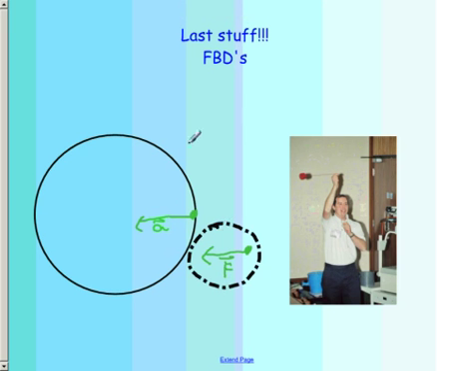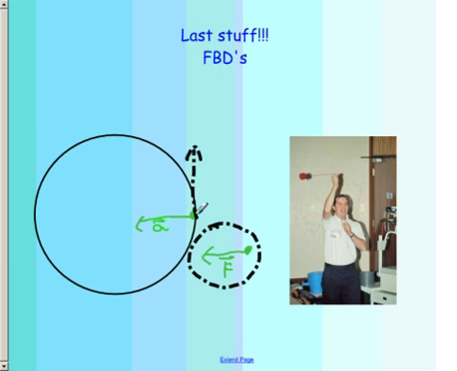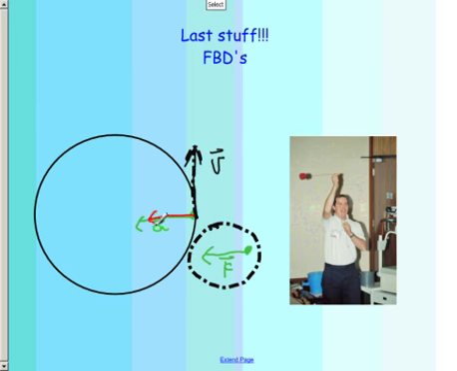Here's the crazy part. If we draw velocity this way, whoops, let me do a little bit better color for you. If we do velocity like this, and acceleration like this, so therefore the force is like that, all right, the force is this way too. I want you to notice something. The velocity and the force and acceleration are always perpendicular.